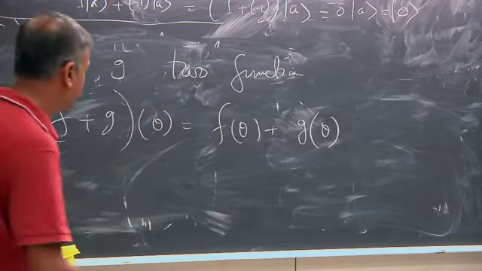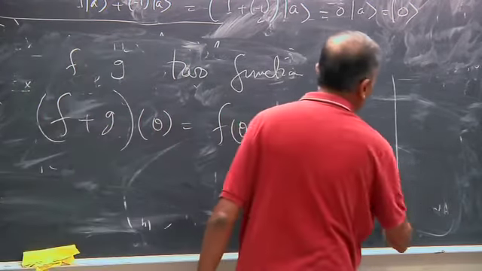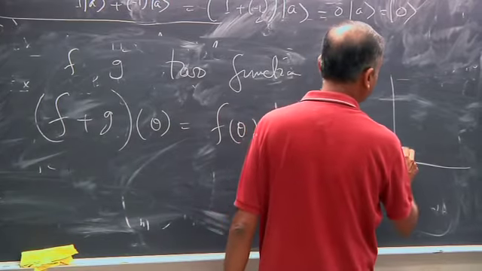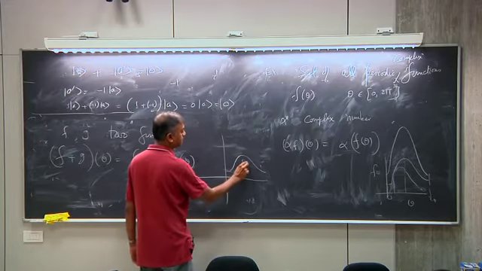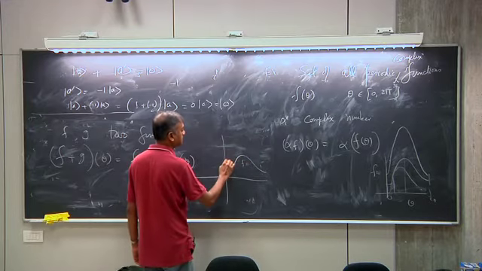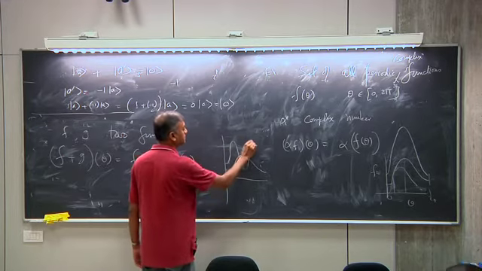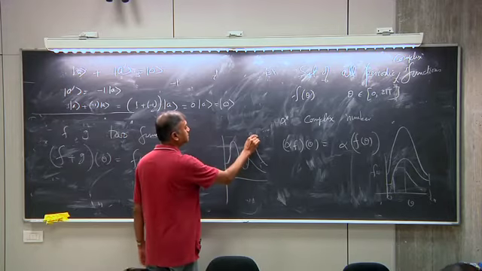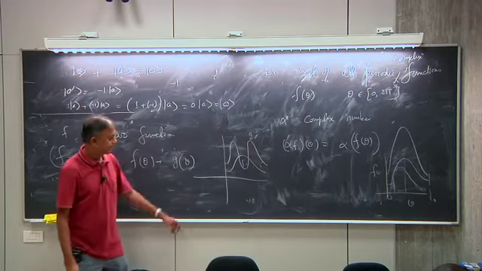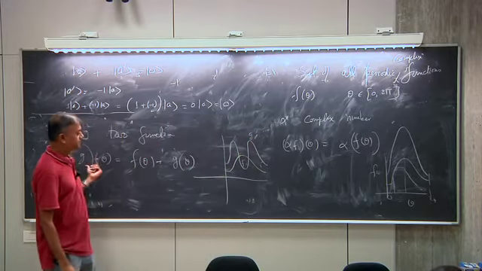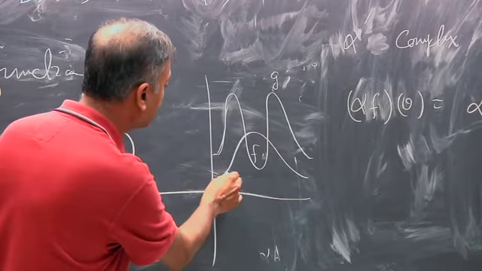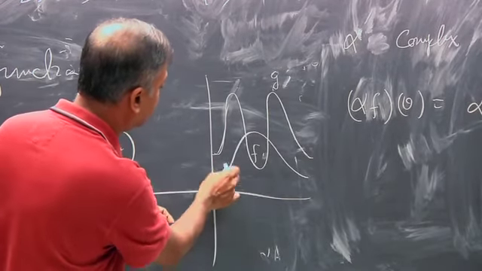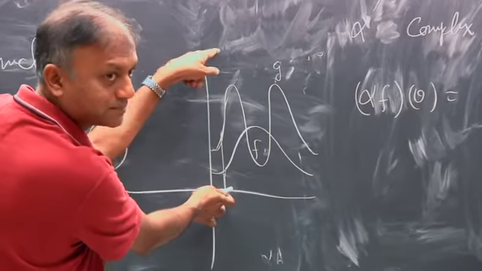Pictorially again, if I draw from 0 to 2 pi, say function f is something like that, and maybe function g is something like this. Then f plus g is simply the function such that at each point you look at the value of f and the value of g and then add them up.